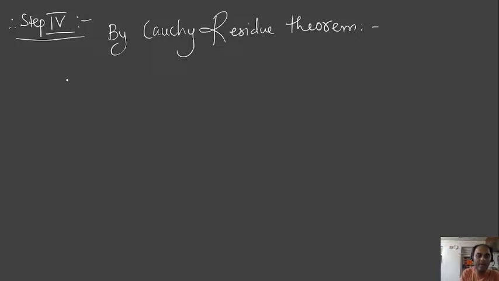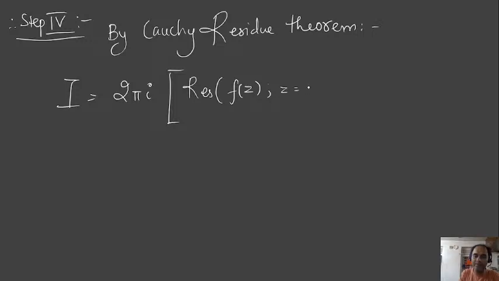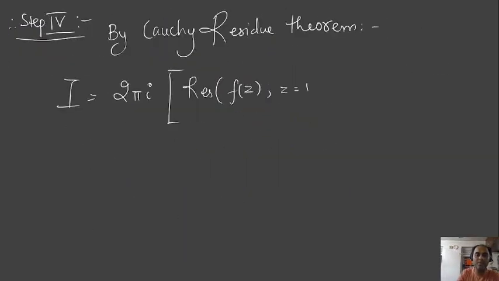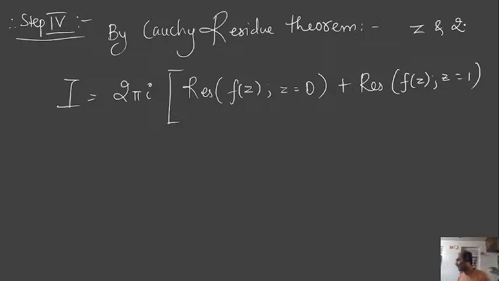We have I equal to 2 pi i times the total of the residues, whatever number of residues we got, residue of f of z at z equals to z1 and z2, so 0 and 1, right. So these are the values, so at 0 and residue of f of z at z equal to 1. And please remember, make a difference between z and 2. Okay.